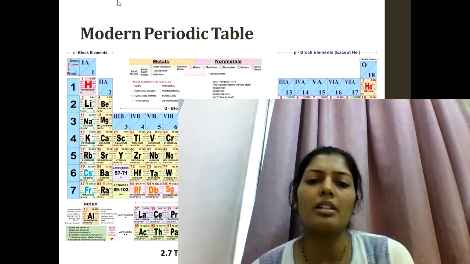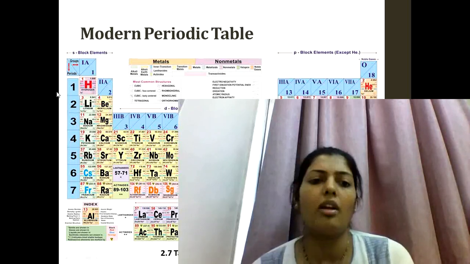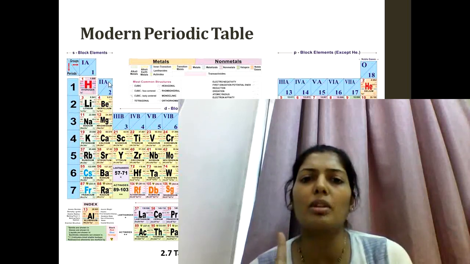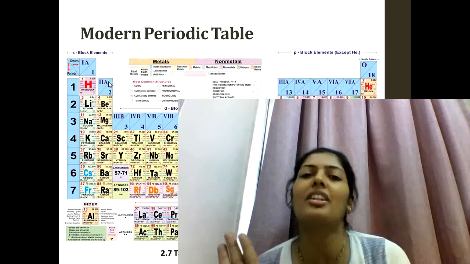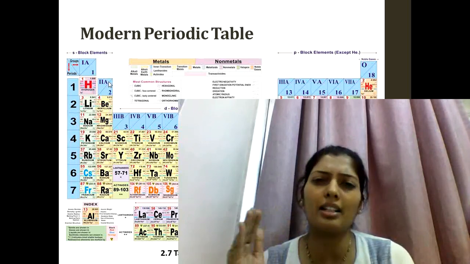So the table is divided into different blocks. Before discussing blocks, if you remember, there was one important point. Elements in the same group show similar chemical properties, and there is gradation in their properties. What does gradation mean? Gradation means a slight change.